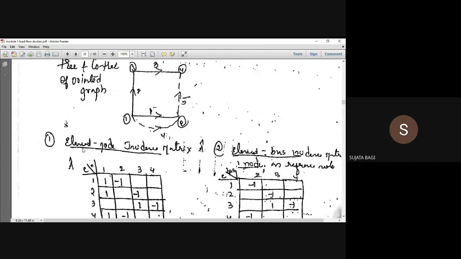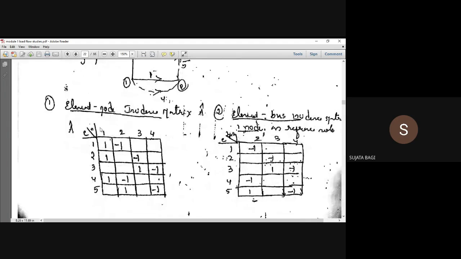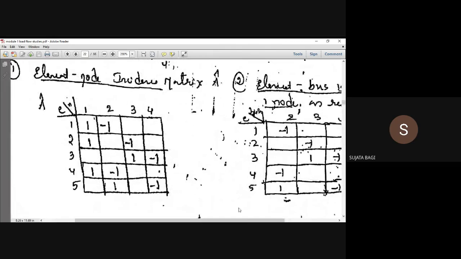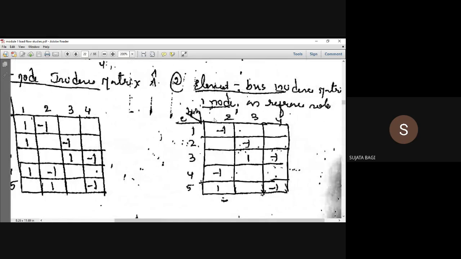Now therefore the element to node incidence matrix is converted to the element to bus incidence matrix. Before it was element to node, now here it is element to bus. Bus means 1 is removed; only 2, 3, 4 now act as buses, not nodes. Keep in mind.